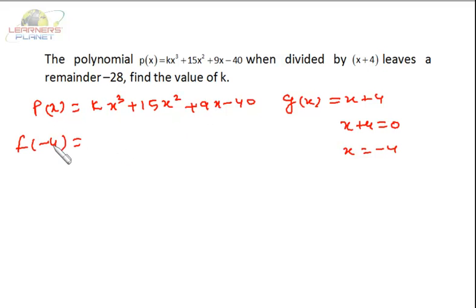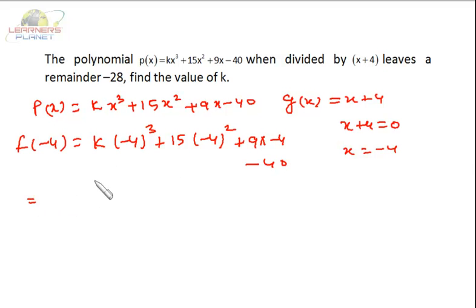So it's k into minus 4 cubed plus 15 into minus 4 squared plus 9 into minus 4 minus 40. So it's minus 64k, 15 into 16 is 240, minus 36, minus 40.